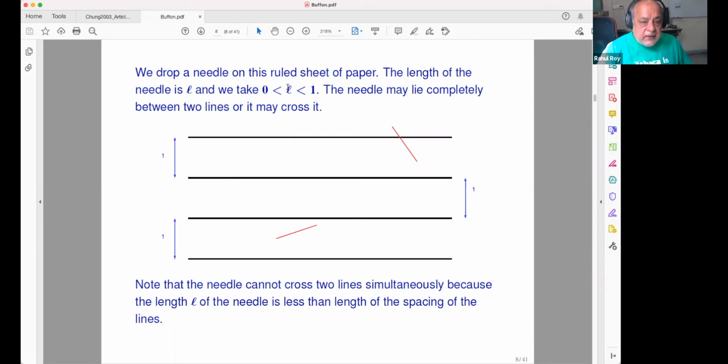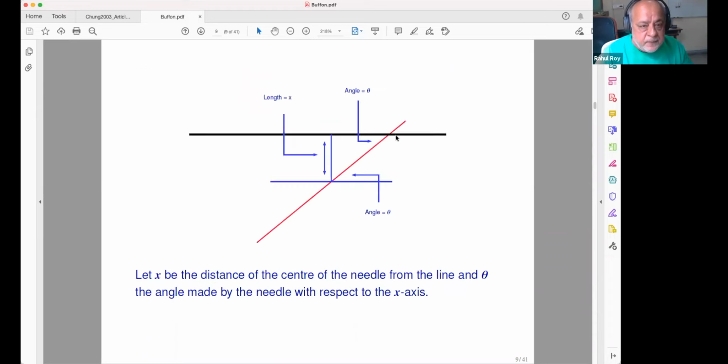However, because the length of the needle is strictly less than 1, it can never intersect two lines, because the distance between any two horizontal lines is 1. So these are the possibilities: the needle falls strictly in between two lines, so it doesn't intersect any line, or the needle intersects one line. Because we have dropped it at random, we do not know what will happen.